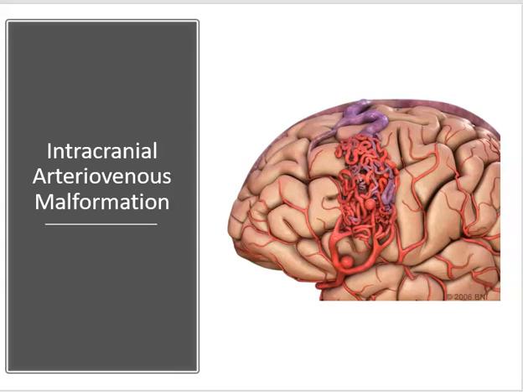All right, next up on page 420, we have intracranial arteriovenous malformation surgery. And an arteriovenous malformation is where there's an abnormal connection between an artery and vein in the brain. And if they rupture, they can cause bleeding into the brain or the spinal cord. So, of course, this procedure is to correct those problems.